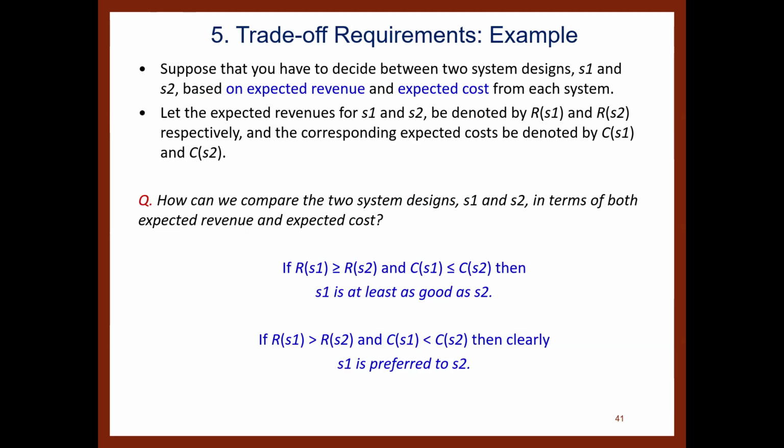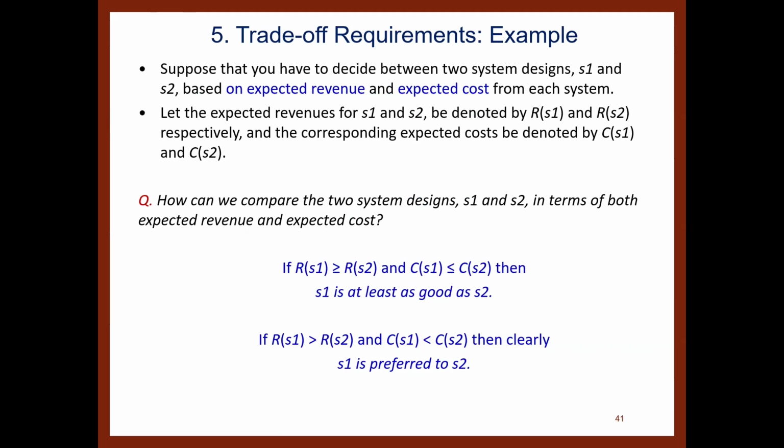So here's an example. Suppose that you have to decide between two system designs, S1 and S2, based on expected revenue and expected cost from each system. Let the expected revenue for S1 and S2 be denoted as R of S1 and R of S2 respectively, and the corresponding expected cost being C of S1 and C of S2.